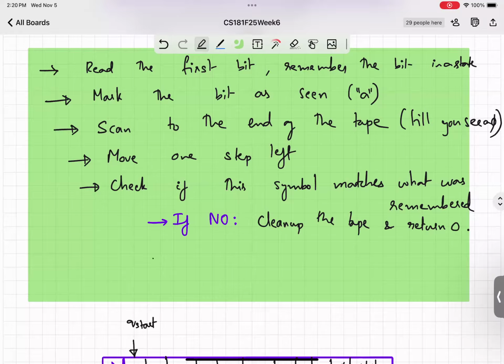If yes, what should you do? Any suggestions? If yes, what should you do?